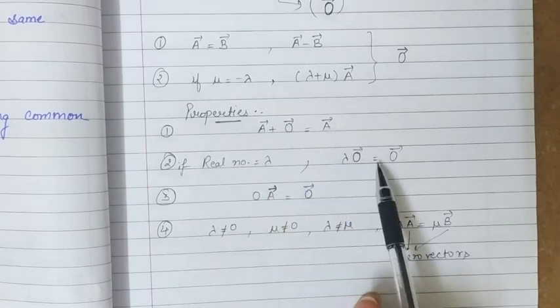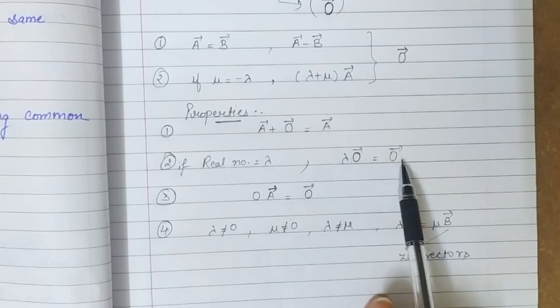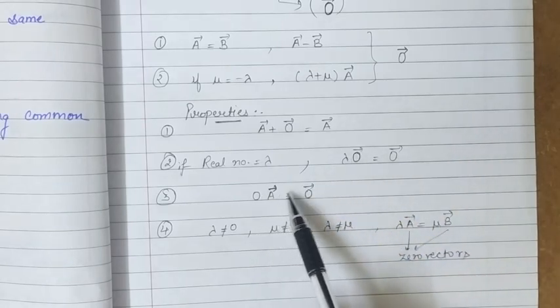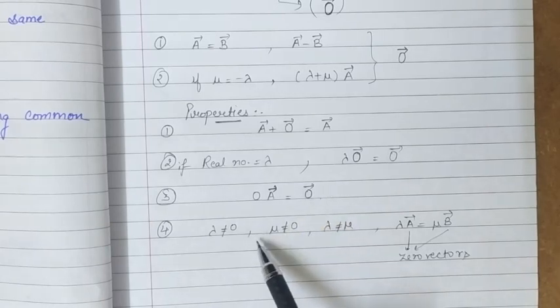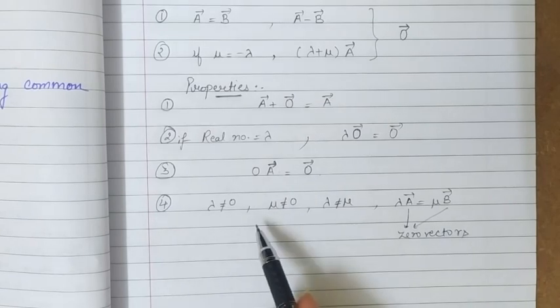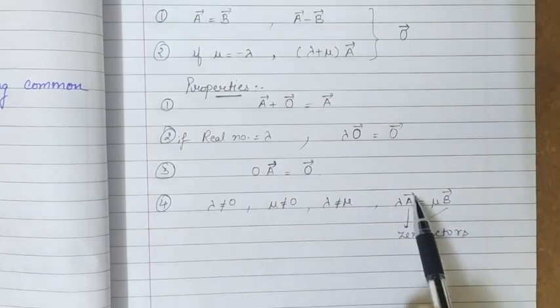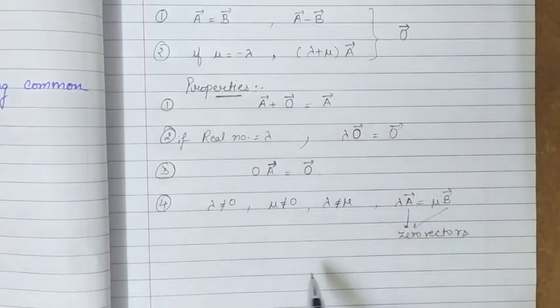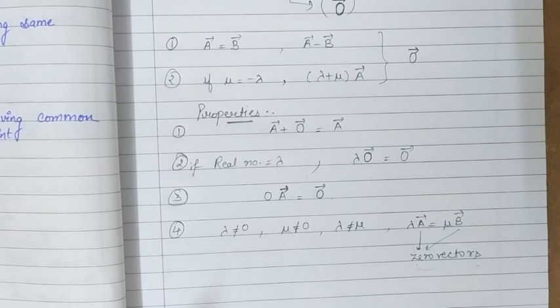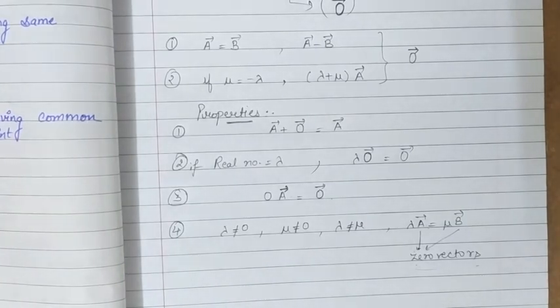Whenever zero vector is multiplied by a real number, it remains zero vector. Whenever 0 is multiplied by a vector, it becomes zero vector. And when we have two different non-zero real numbers, then lambda a vector is equal to mu b vector only holds if a vector and b vector are two zero vectors or null vectors. That is the whole concept about zero vector or null vector.